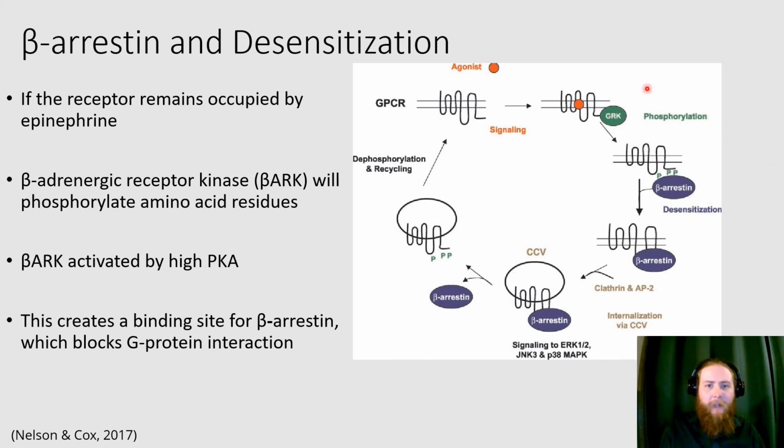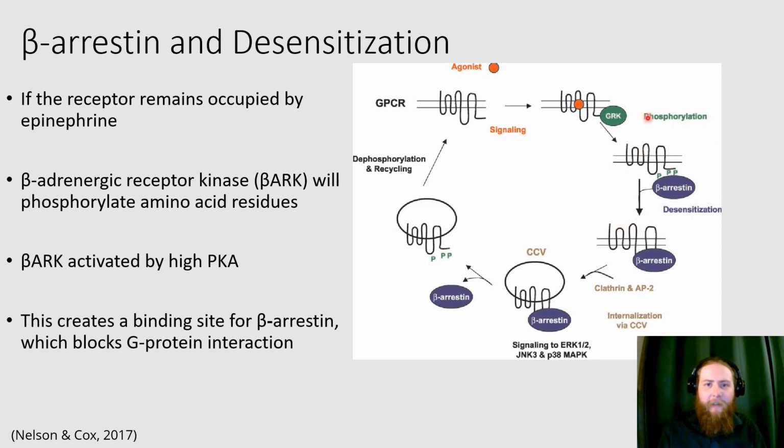And beta-ARK will also sometimes be written GRK, which stands for G protein-coupled receptor kinases. And this GRK will phosphorylate serine amino acids, for those of you that are interested, around this carboxyl end here, and it allows for the binding of beta-arrestin.